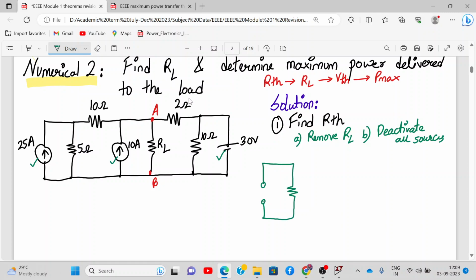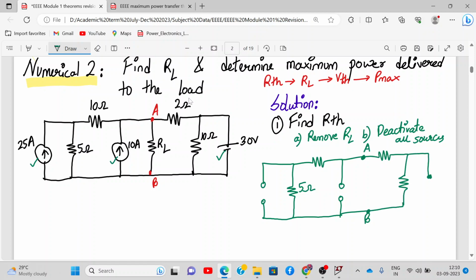Then we draw 5 ohm resistance, then 10 ohm, then again 10 ampere current source is open circuit. So this is open circuit. Then A and B point are also open circuited. We remove RL, right? This is point A and B. Then we have 2 ohm, then 10 volt, 10 ohm, and then this is short circuit.